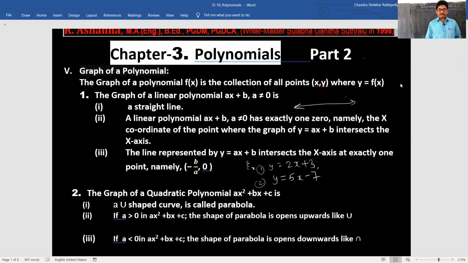A linear polynomial ax plus b, a not equal to 0, has exactly 1 zero. Namely, the x coordinate of the point where the graph of y is equal to ax plus b intersects the x axis.